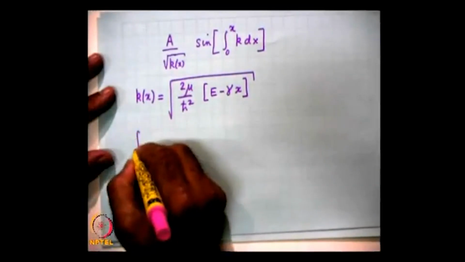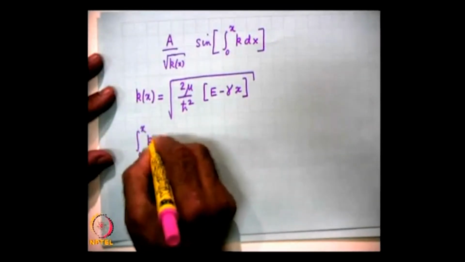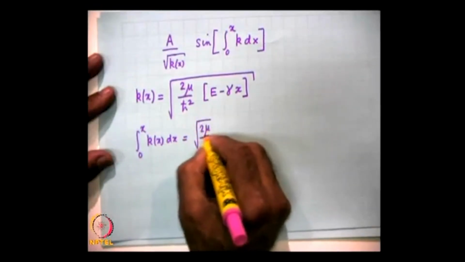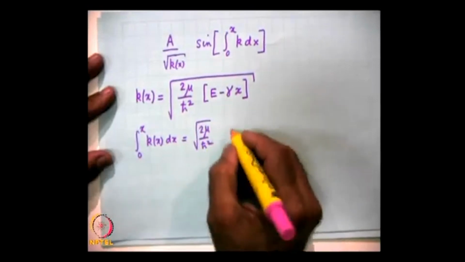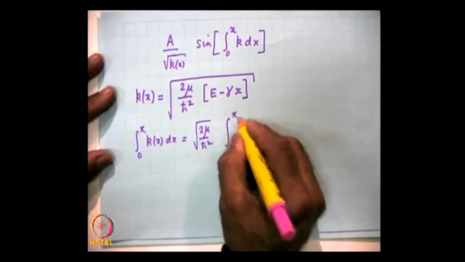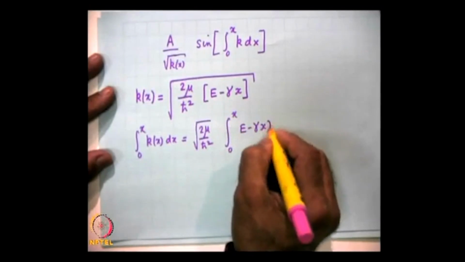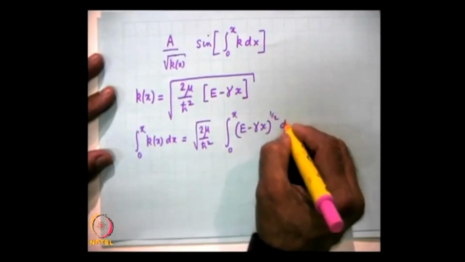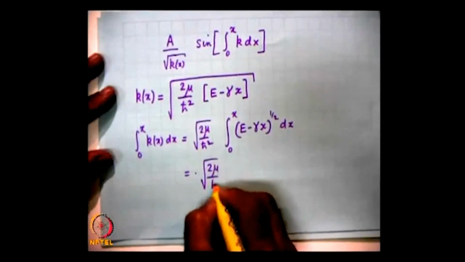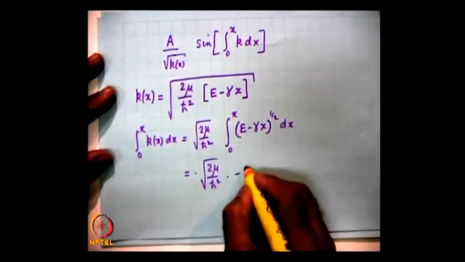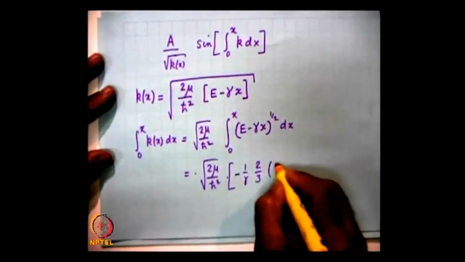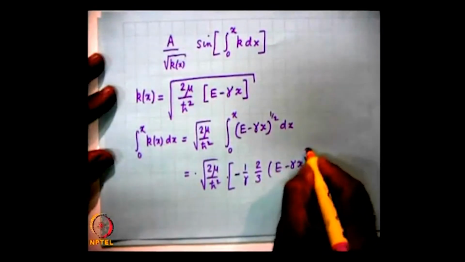So, the integral from 0 to x of k of x dx will be under root of 2 mu by h cross square, as we had done before. So, the integral from 0 to x of E minus gamma x raised to the power of half dx. Once again it will be under root of 2 mu by h cross square, times minus 1 over gamma, 2 by 3, E minus gamma x raised to the power of 3 by 2.